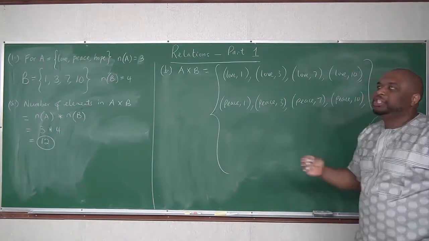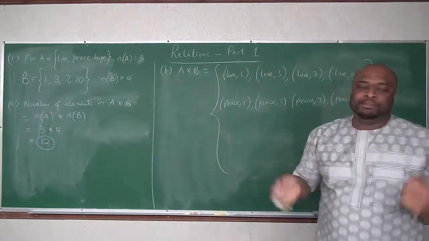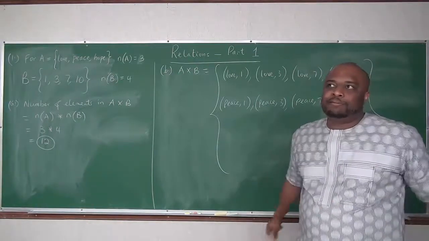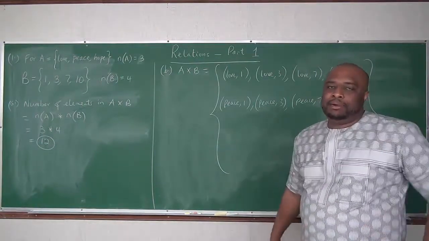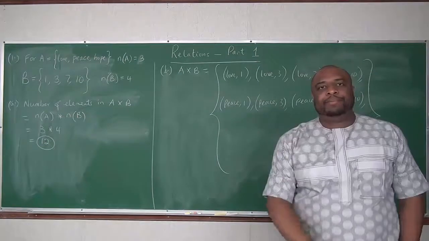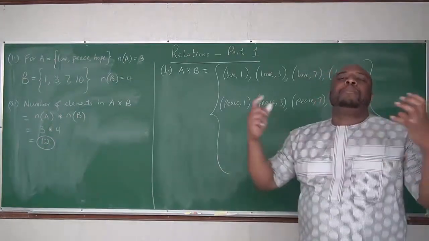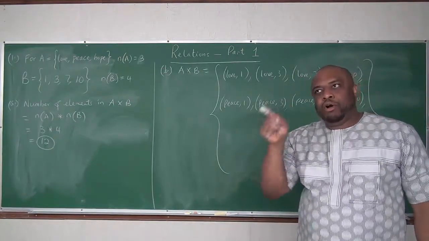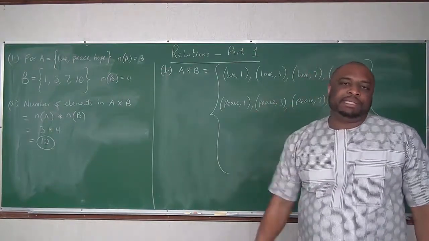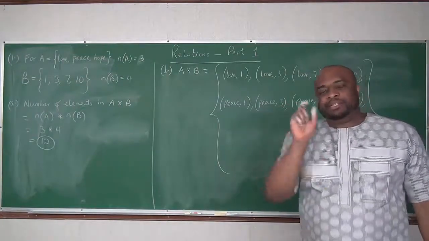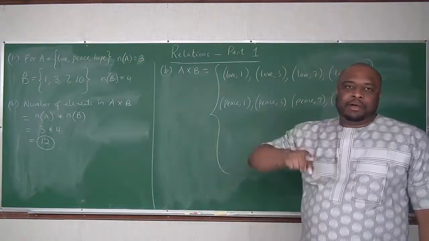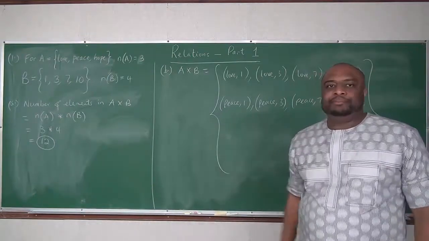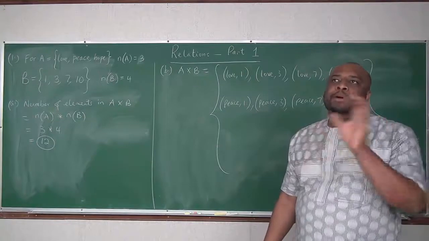Please make sure you put set of all possible ordered pairs. The Cartesian product of two sets, read as A cross B, is the set of all possible ordered pairs (a, b) such that small a is an element of set A and small b is an element of set B. A set of all possible ordered pairs.